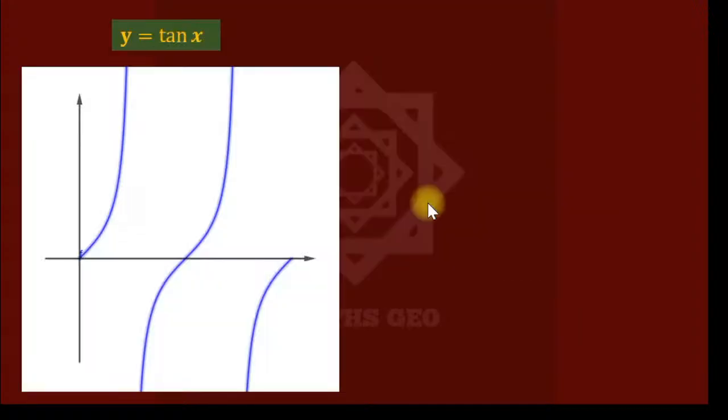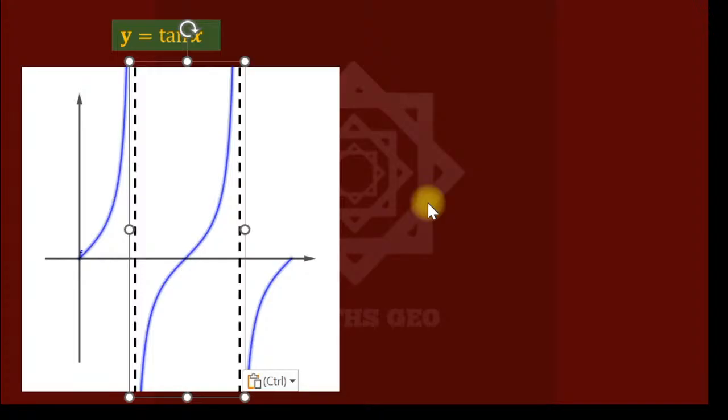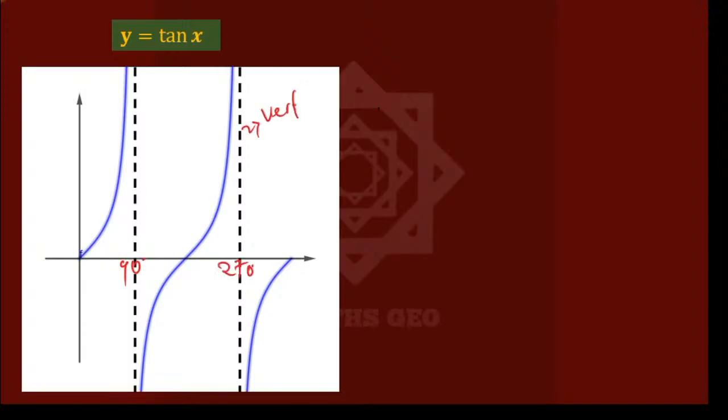It's not defined, so there will be a gap there. This line is called a vertical asymptote. So there will be a vertical asymptote at 90 degrees and 270 degrees. We call this a vertical asymptote.